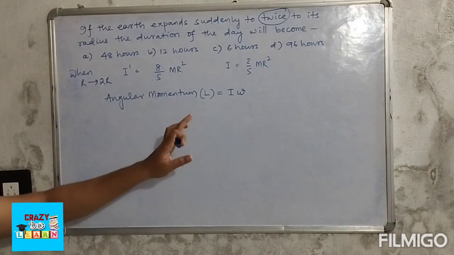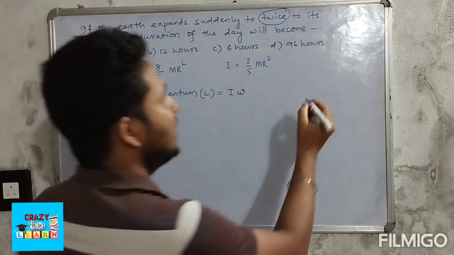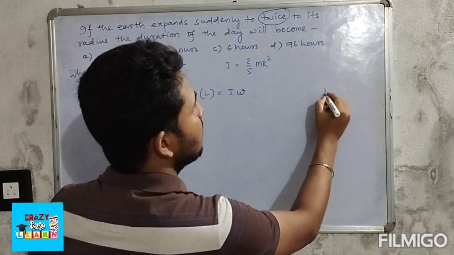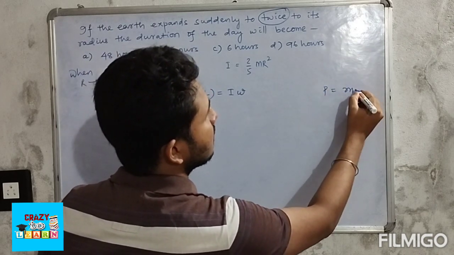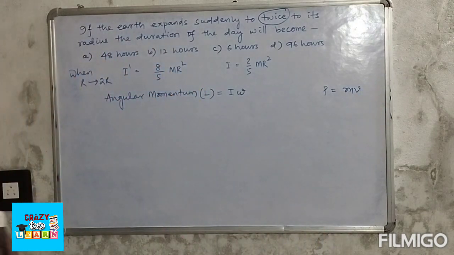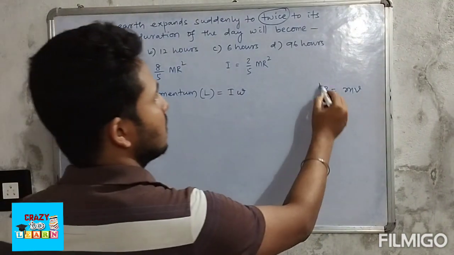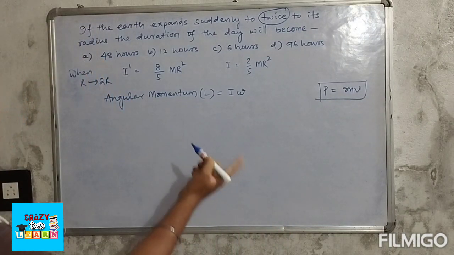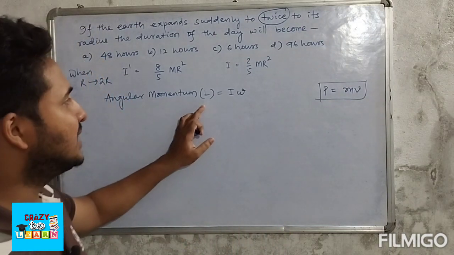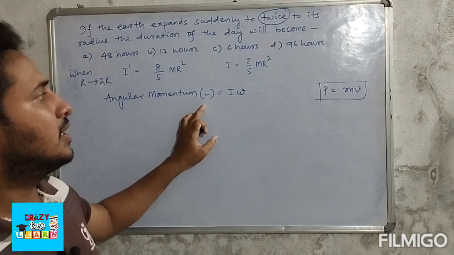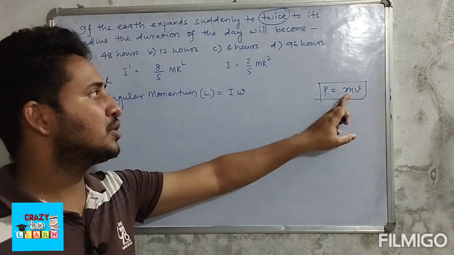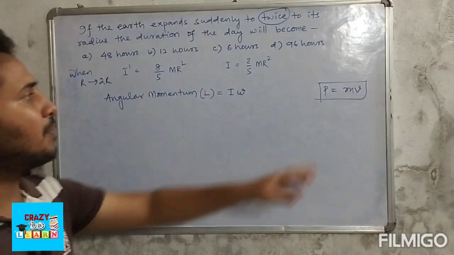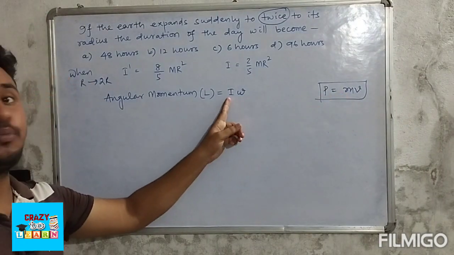It is very easy. As we know, in linear motion, linear momentum P is equal to mass into velocity. Similarly, the angular momentum L is equal to, in rotational motion, in the place of mass we have to take the moment of inertia.